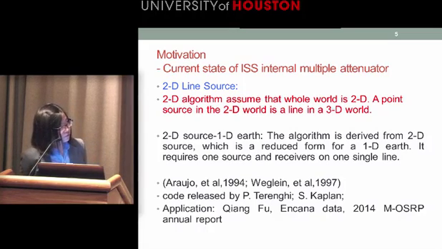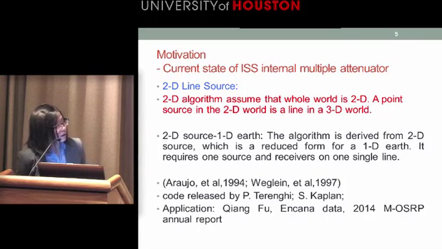So I give a brief concept of 2D line source here. The 2D algorithm assumes that the whole world is 2D, so one point source in the 2D world is a line in the 3D. And you will see a tail in the events of the 3D data because of the nature of the 2D Green's function.